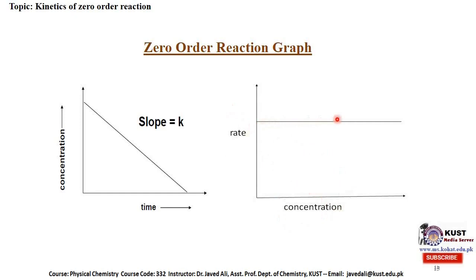The zero slope represents that there is no change in rate of reaction with respect to concentration. So we can determine the rate of zero order reaction by plotting reactant concentration versus time, or by plotting rate of reaction versus reactant concentration.